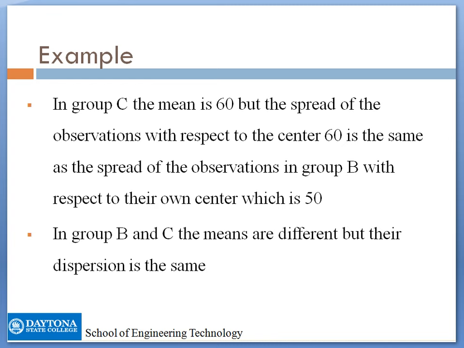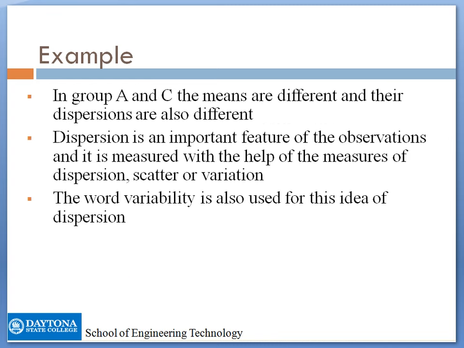So we're using two types of measurements. We're using the measures of central tendency and the measures of dispersion. In group A and C, the means are different and their dispersion is also different. The dispersion is an important feature of the observation and is measured with the help of the measures of dispersion, scatter, or variation.